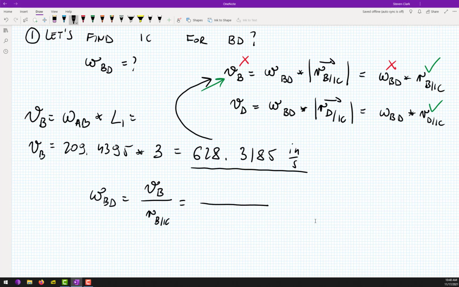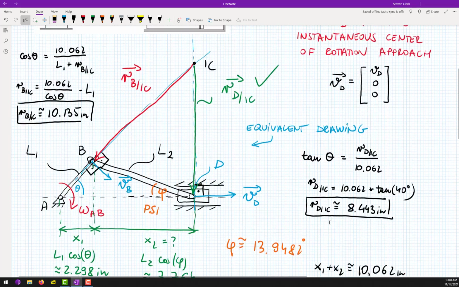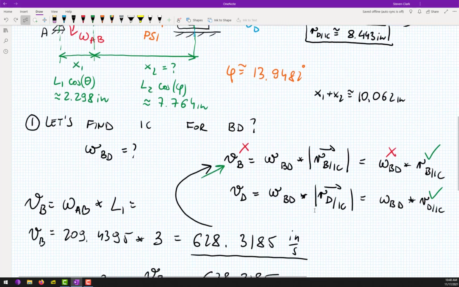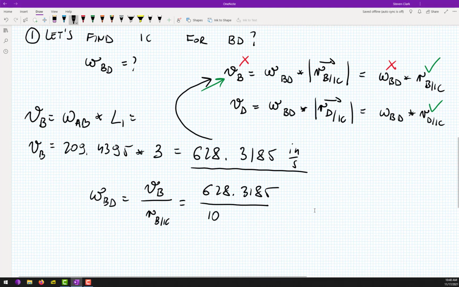So this will be 628.3185 divided by 10.135. If you grab your calculators, you will obtain that this is approximately 61.995 radians per second.